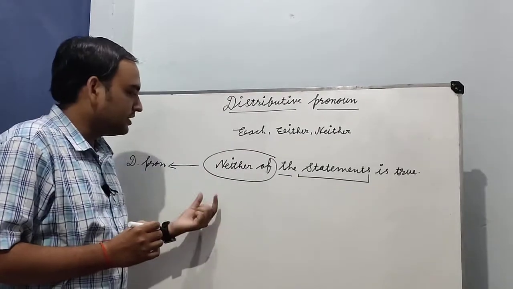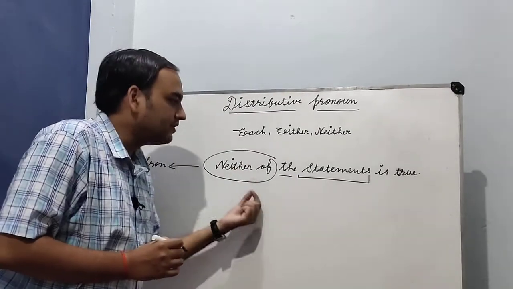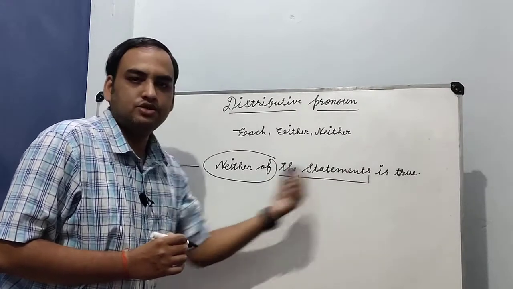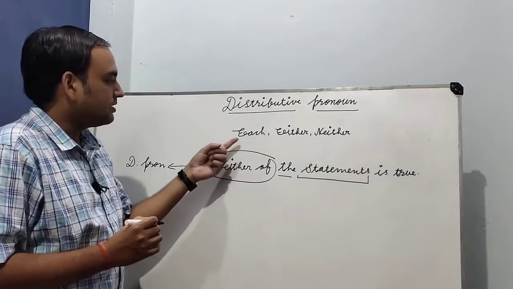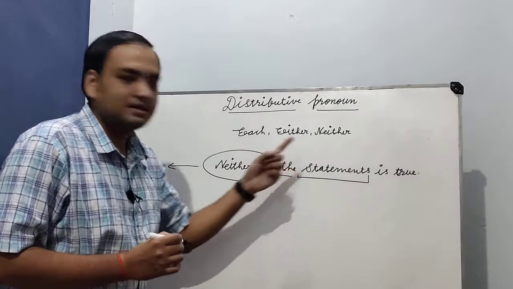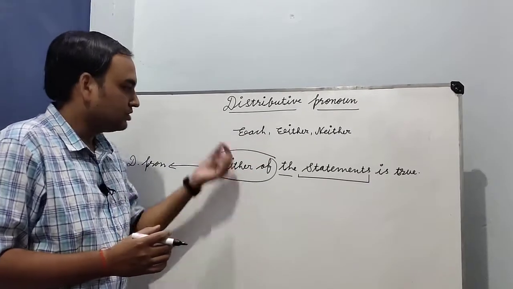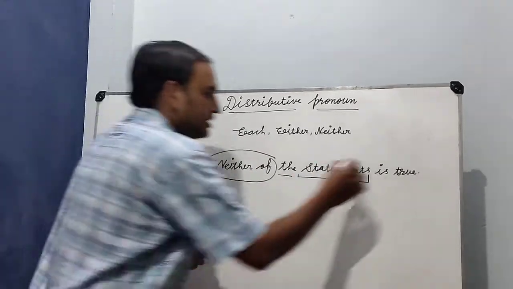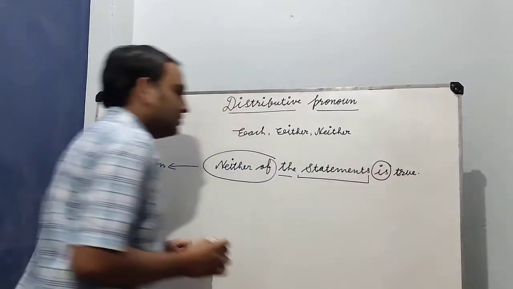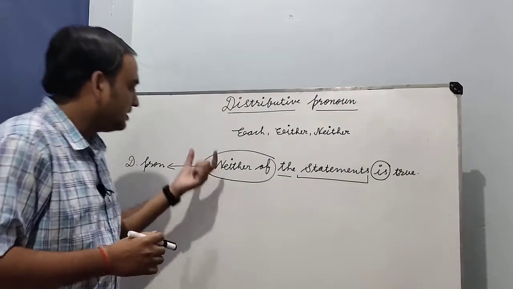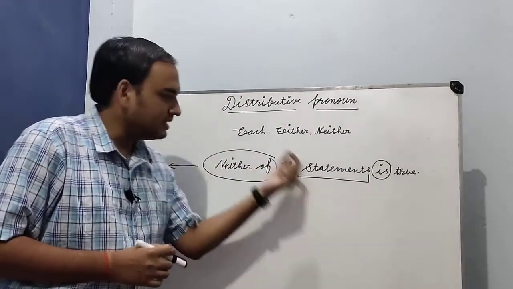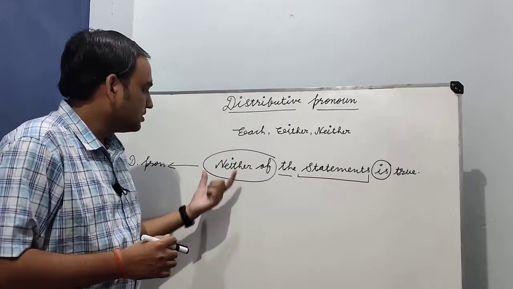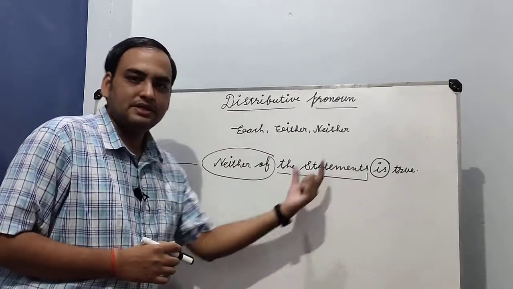So we can use here: neither of the statements is true. These pronouns each, either, and neither are always singular, so we will use a singular verb with these distributive pronouns in statements.